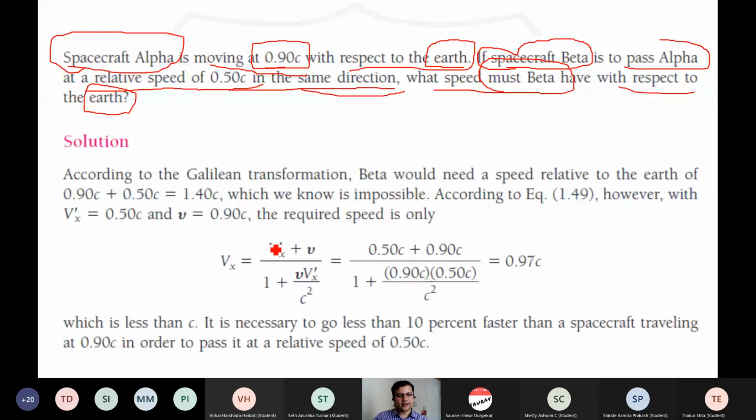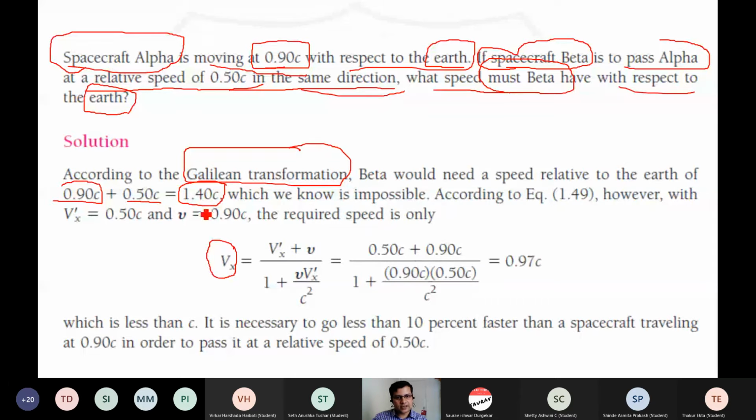Using the Galilean transformation, Alpha is moving at 0.9 c, and the relative speed is 0.5 c. So the Galilean transformation gives the answer 0.9 plus 0.5, which is 1.4 c.